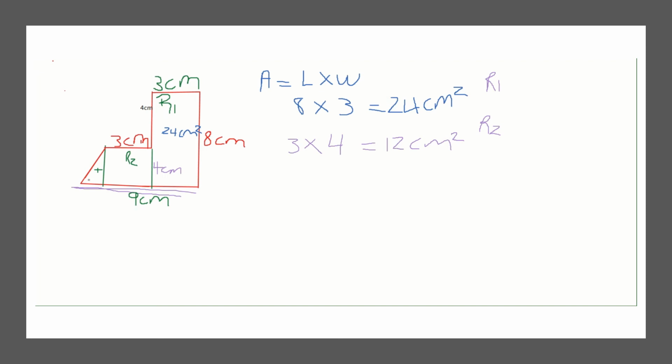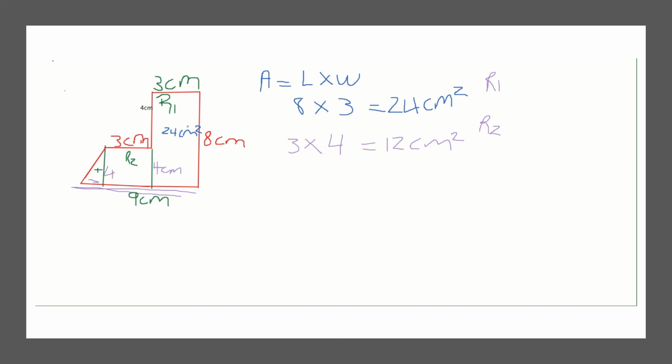So right away, the base of our triangle would be 3 centimeters. And we can see that the height of our triangle would be parallel to the height of our rectangle, which is 4 centimeters. So of course, our height would also be 4 centimeters.